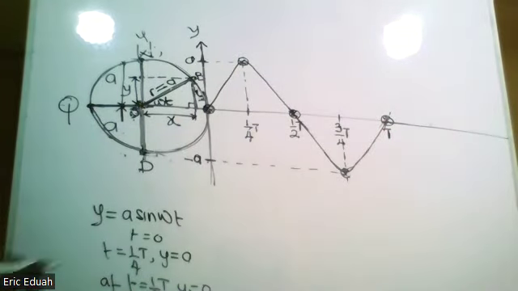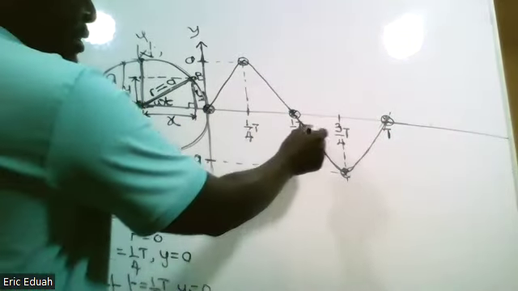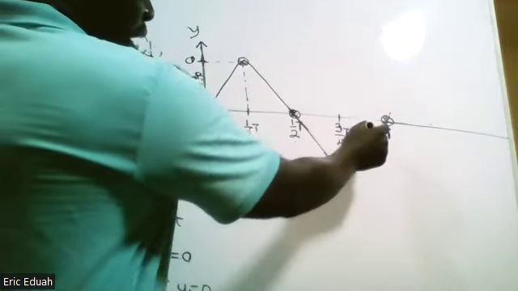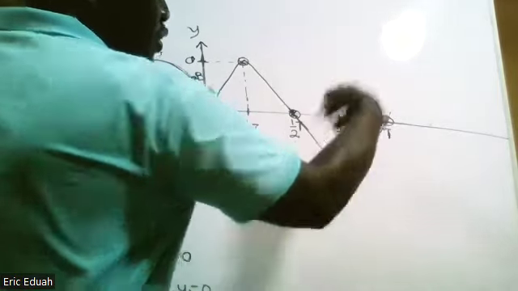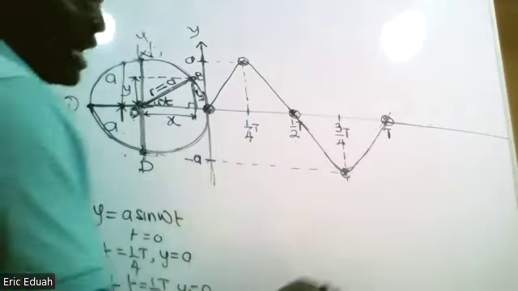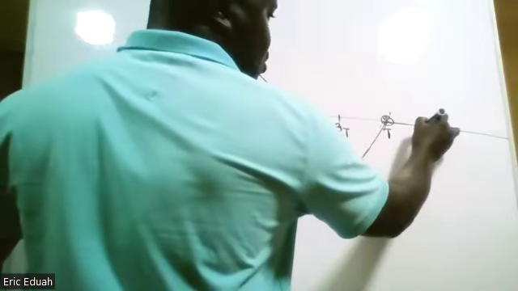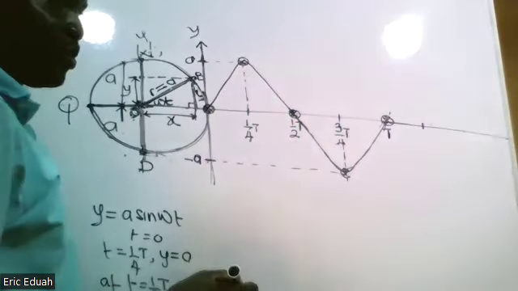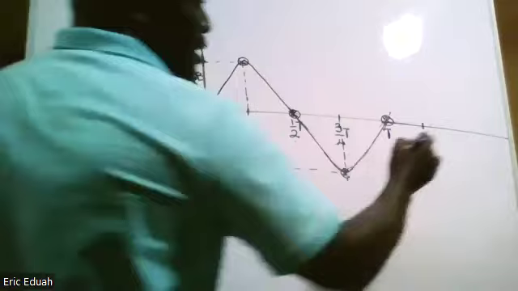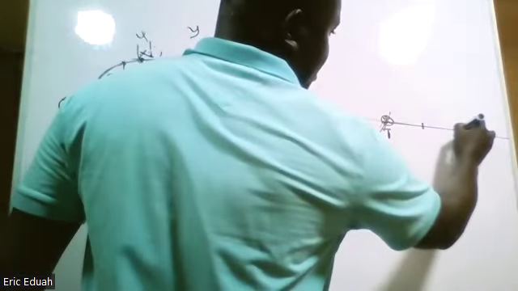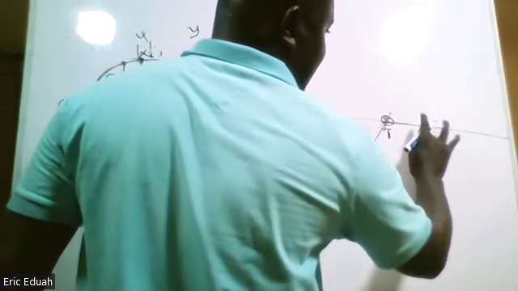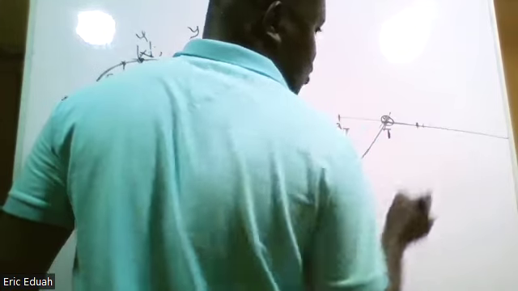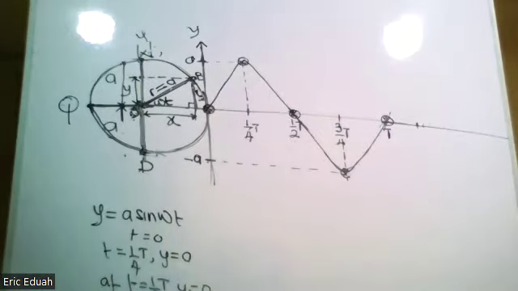For 2 cycles, 1/4 T, half T, 3/4 T, and then T. So we are adding 1/4. 1 plus 1/4, what is 1 plus 1/4? 5/4.